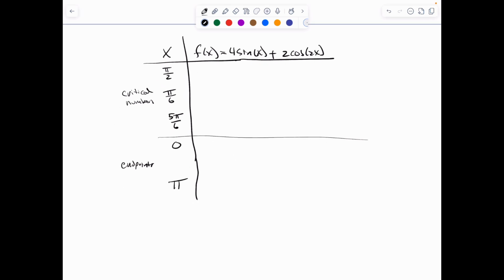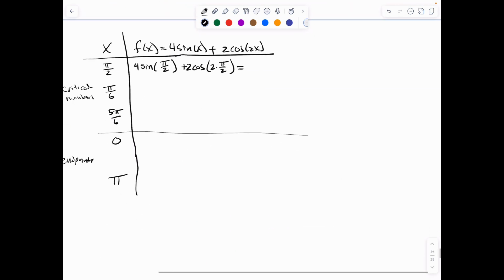All right, let's do it. For pi over 2: 4 sine of pi over 2 plus 2 cosine of 2 times pi over 2. The sine of pi over 2 is 1. The cosine of pi is -1.